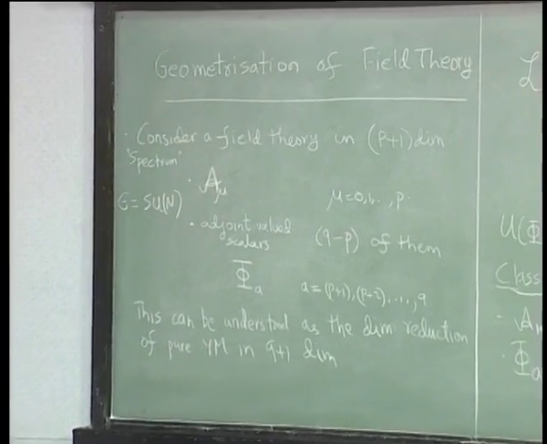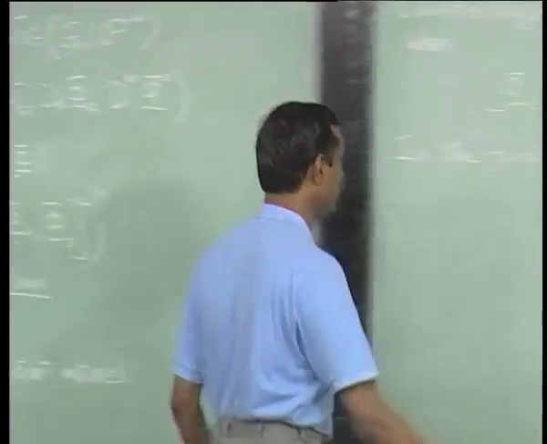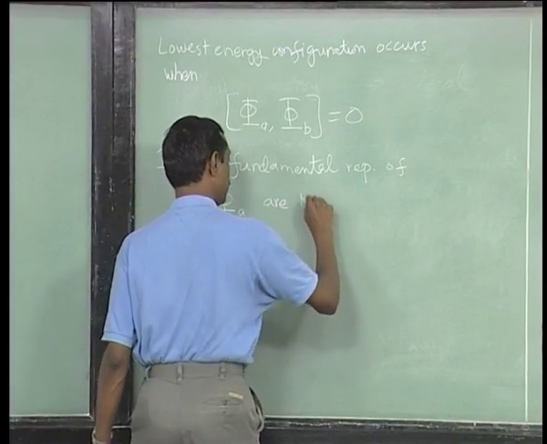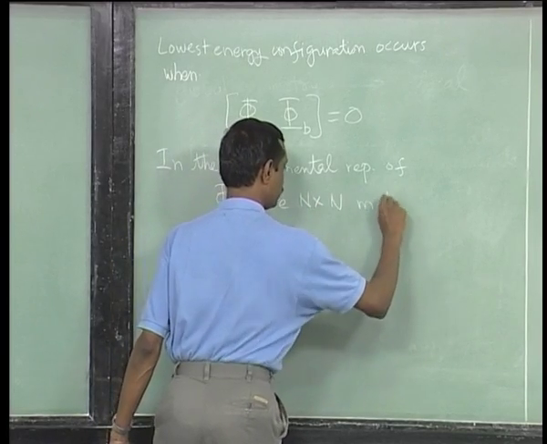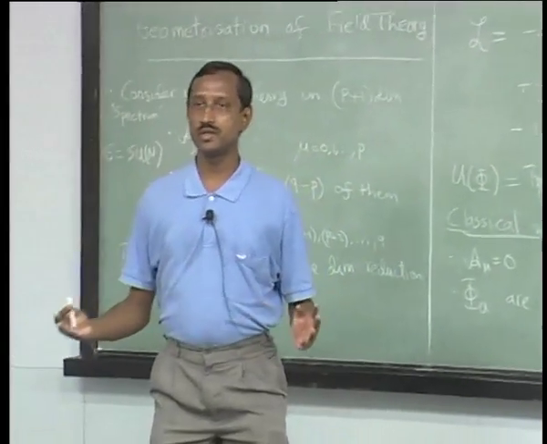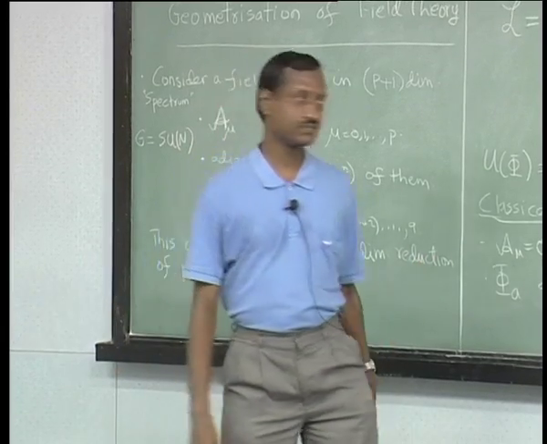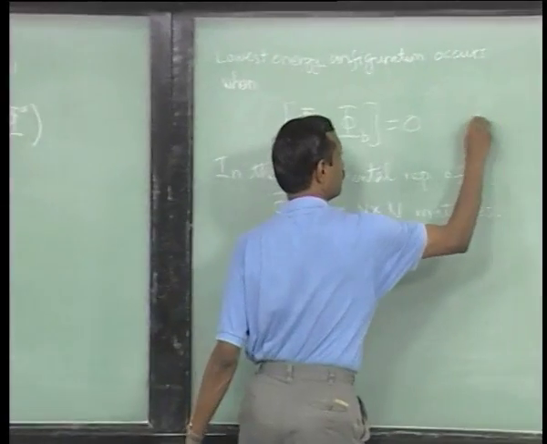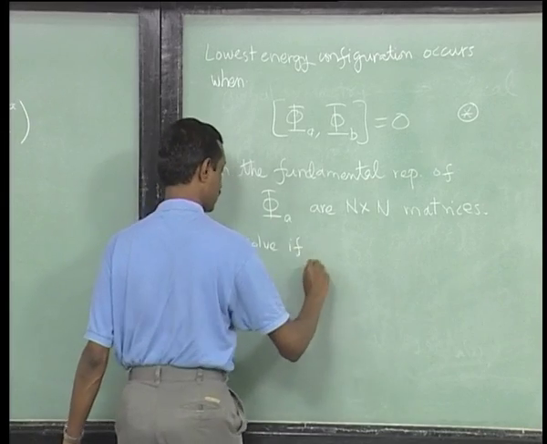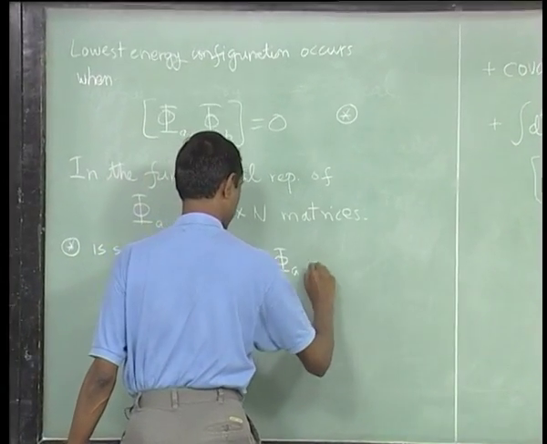I will change it to UN pretty soon. Since we discussed SUN, in the fundamental, these phi A's are n by n matrices. Okay. And if we want all of them to commute, the simplest solution is that they all be diagonal matrices. Okay. So star is solved if all the phi A are diagonal.